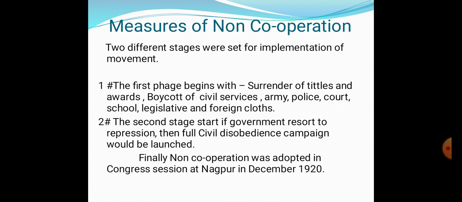The second stage would start if the government resorted to repression, and a full civil disobedience campaign would be launched. Finally, non-cooperation movement was adopted by Congress session at Nagpur in December 1920.